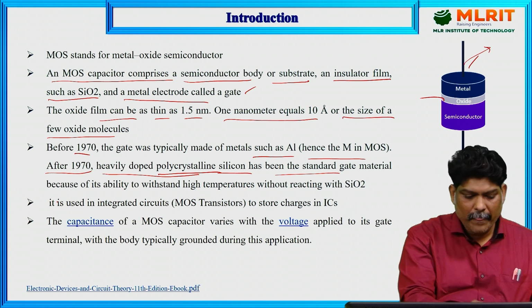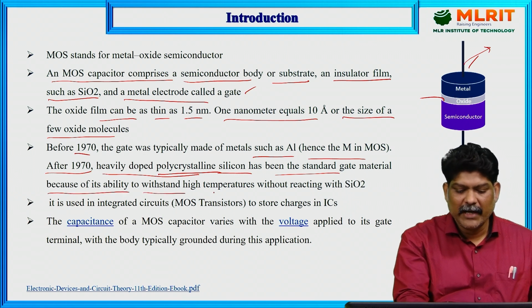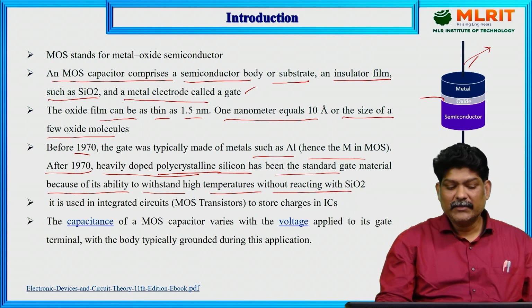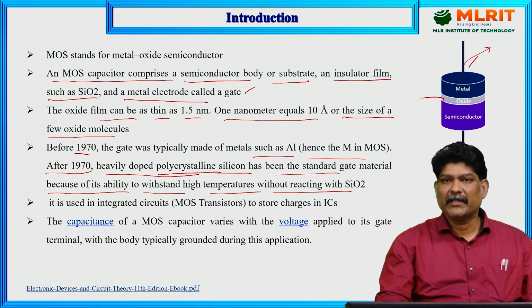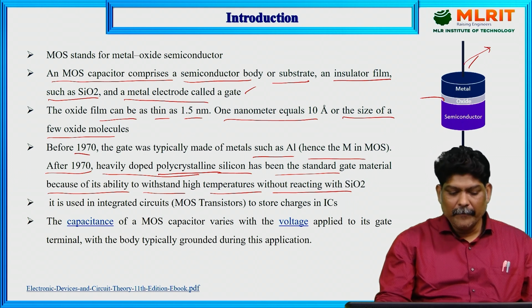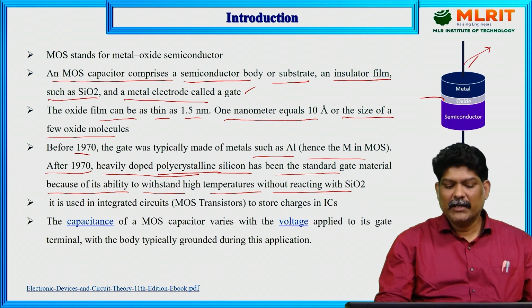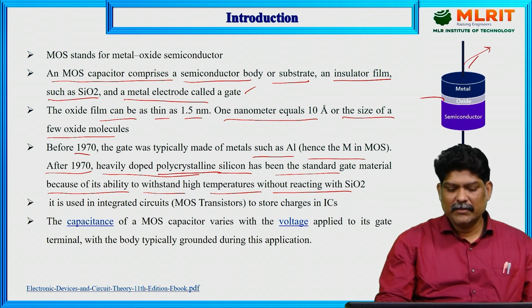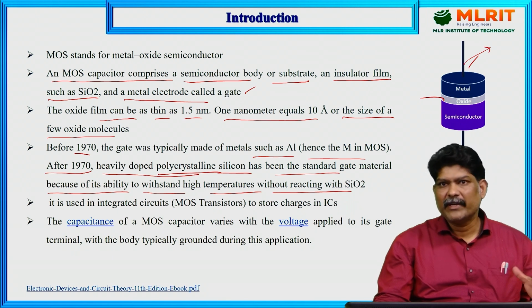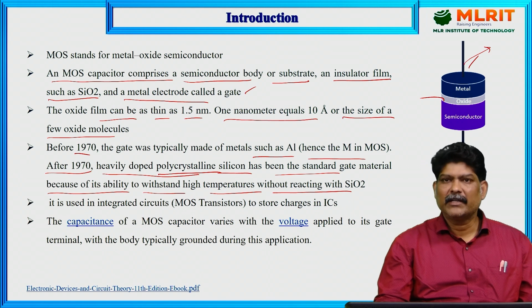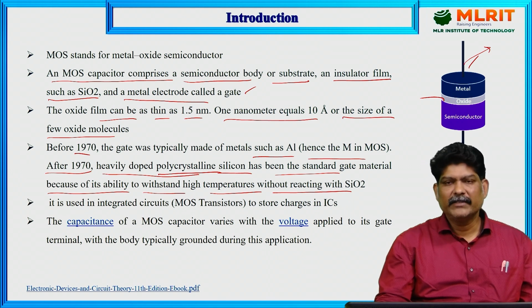Polycrystalline silicon has replaced metal because of its ability to withstand high temperatures without reacting with SiO2. If the temperature increases, the properties of a material can change, and there may be a chance of chemical reaction with the other components.